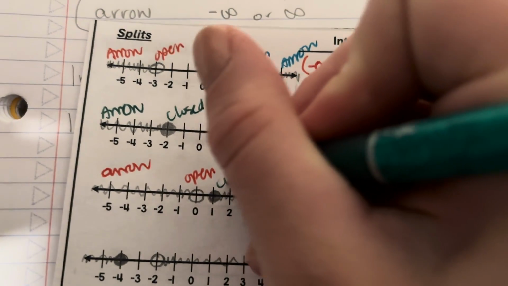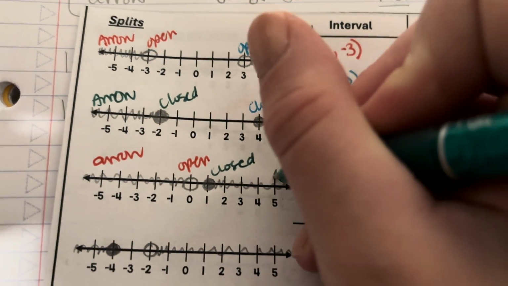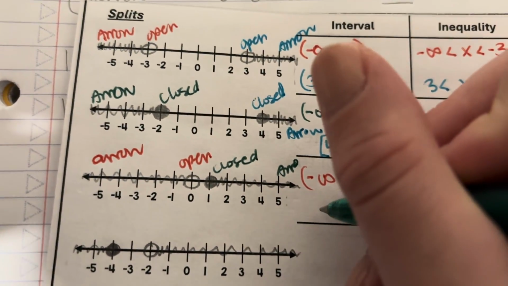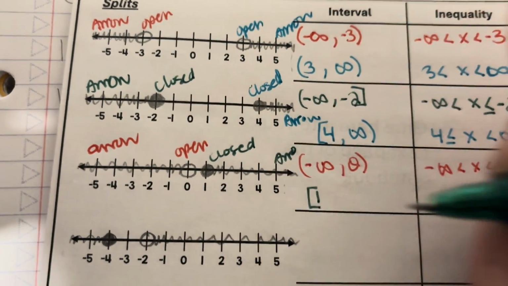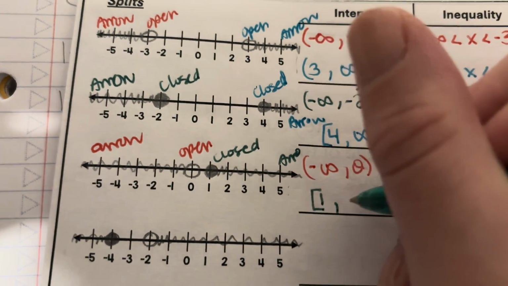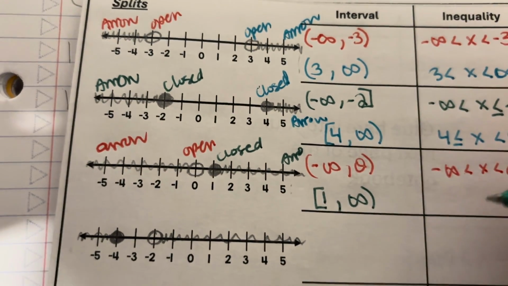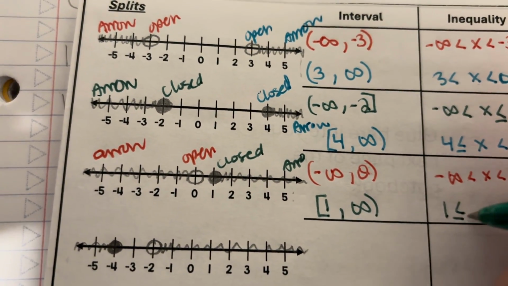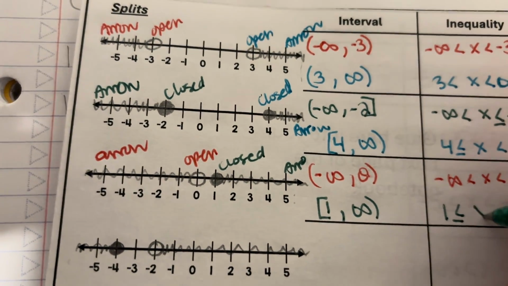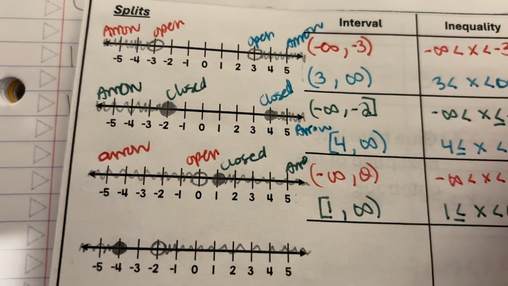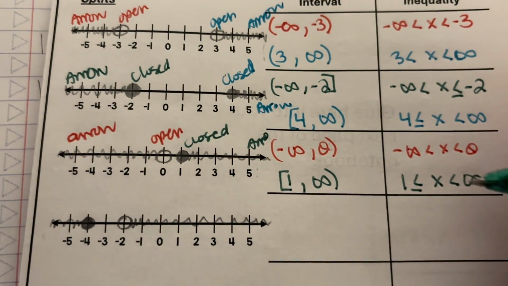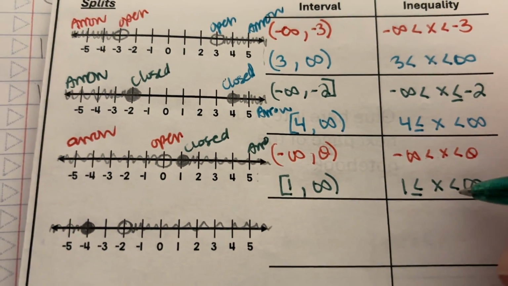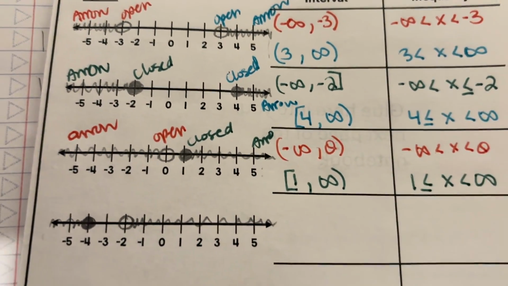This one, it's closed to the arrow. So we have 1 with an obviously square bracket, comma, to infinity and beyond. Sorry. And then we have 1 less than or equal to, or the mouth with a half equal sign, going to infinity with a mouth or less than sign, however you want to talk about it.